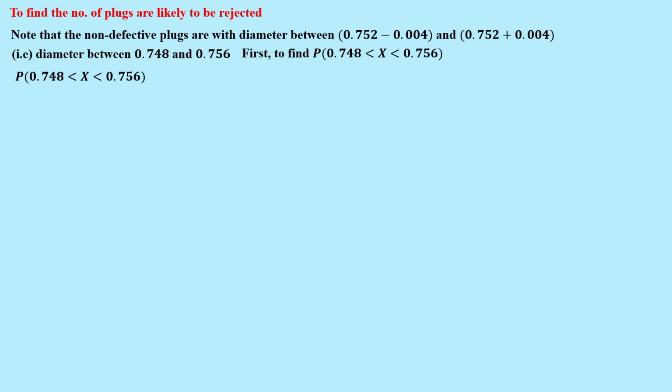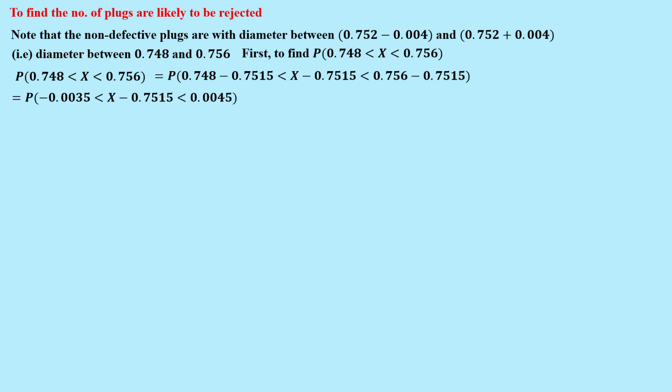So the probability of 0.748 less than x less than 0.756. Subtracting mu: probability of 0.748 minus 0.7515 less than x minus 0.7515 less than 0.756 minus 0.7515. So that is the probability of minus 0.0035 less than x minus 0.7515 less than 0.0045.